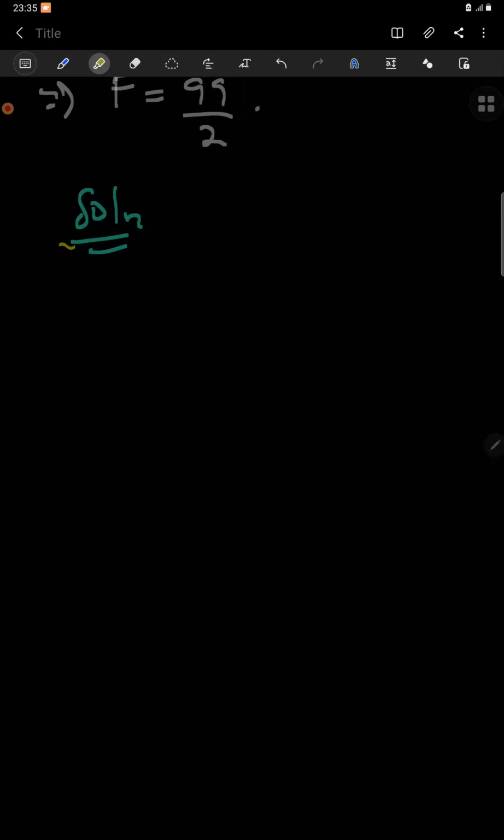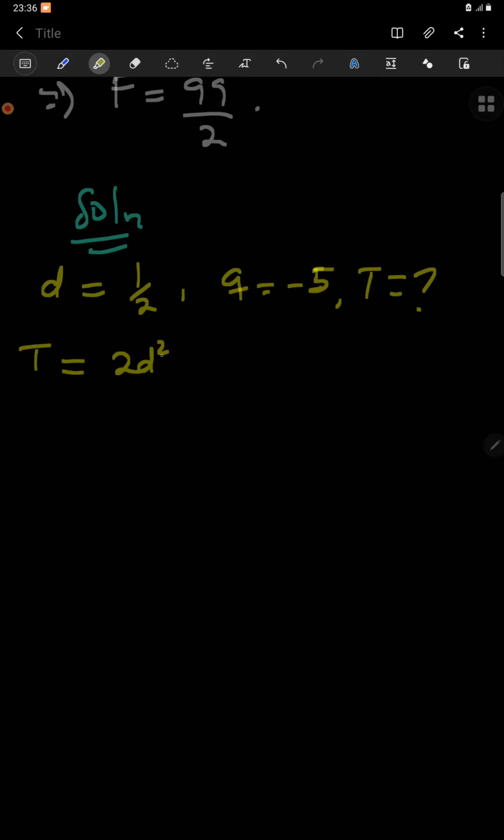All right. So we are given d as half, q as -5, and we are told to find t. So when t is what? 2d squared over q. So how do we do this? It's going to be 2 times half squared over q.